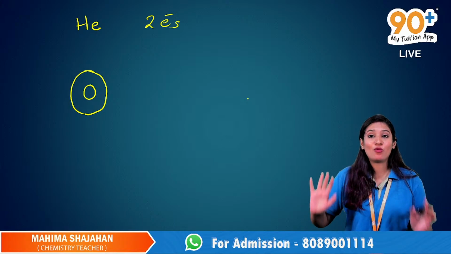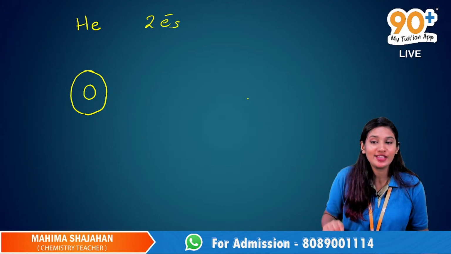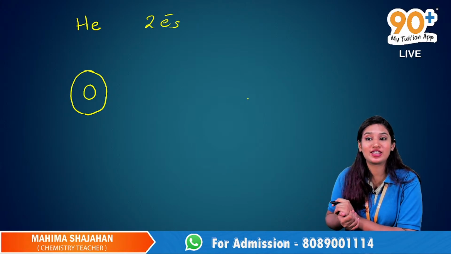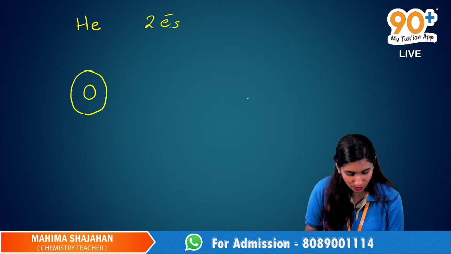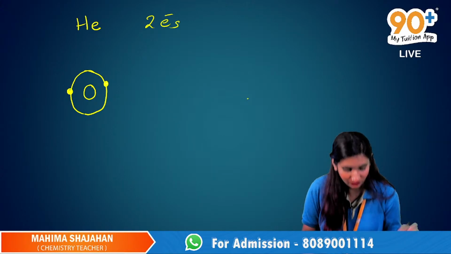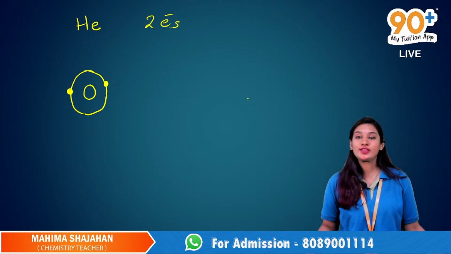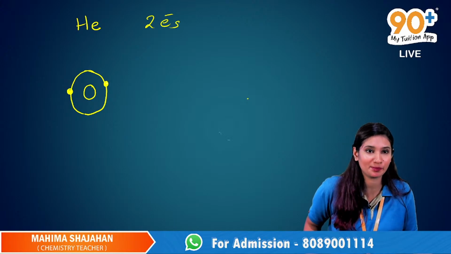What is the maximum capacity of the K shell? It is 2 only. So our 2 electrons will be accommodated in the first shell. You can represent it like this. Is it clear? This is how you draw the structure of helium.